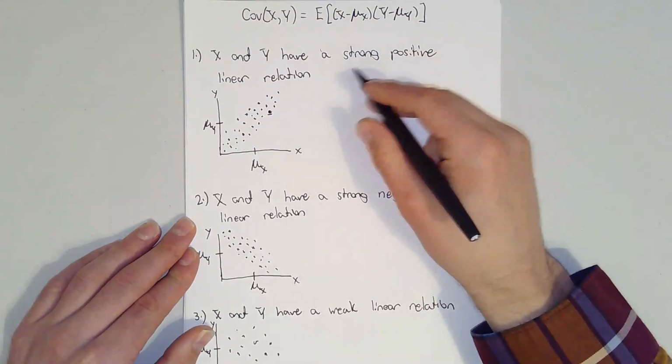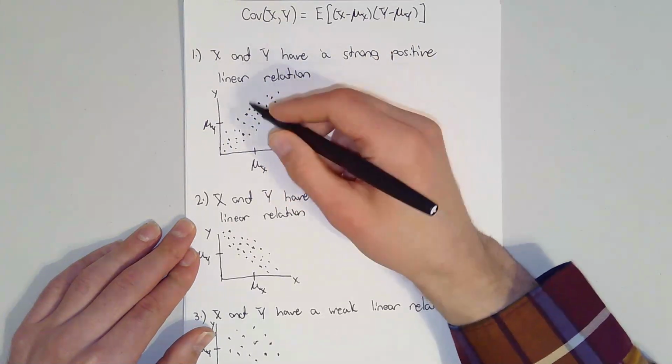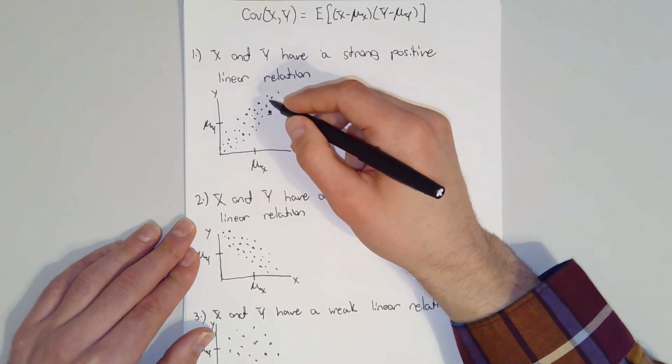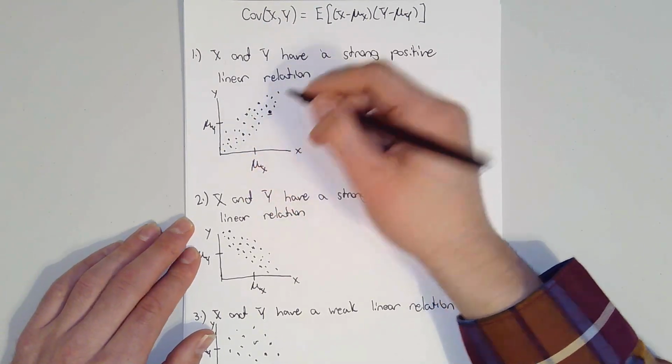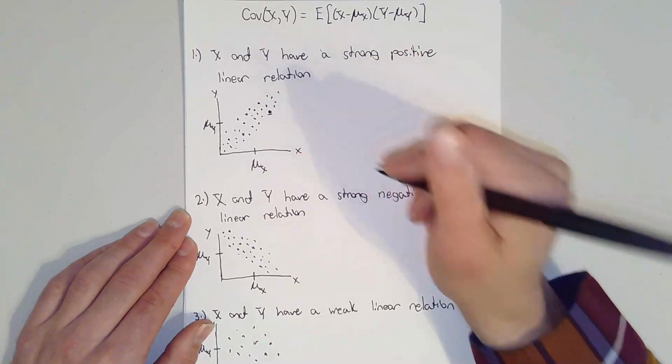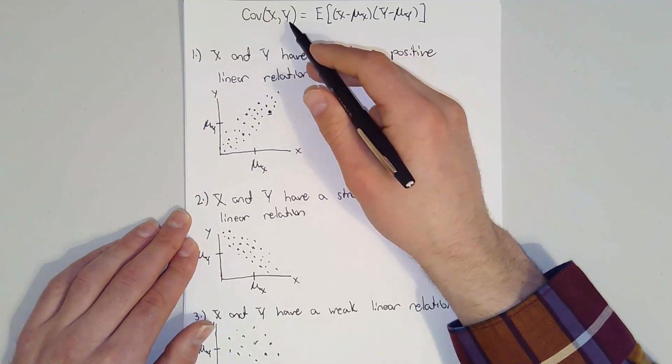When we talk about a strong positive linear relationship, it looks like the following. It doesn't fall exactly on a line with positive slope, but it falls somewhat close to. And so what do we mean by this? Let's see if we can draw any conclusions about the covariance.